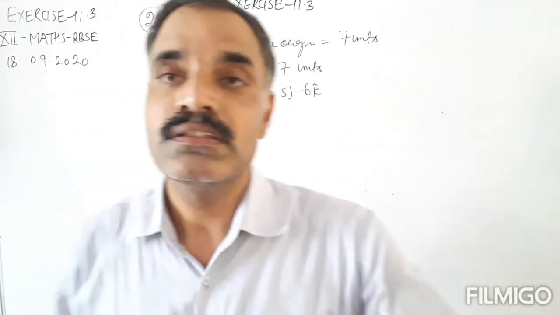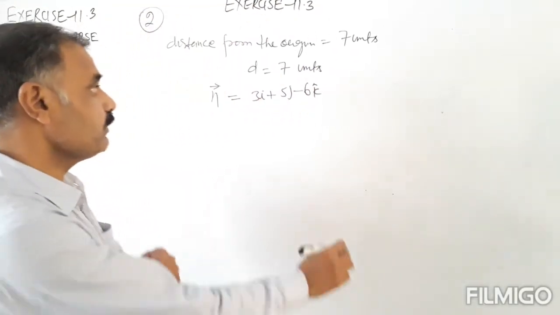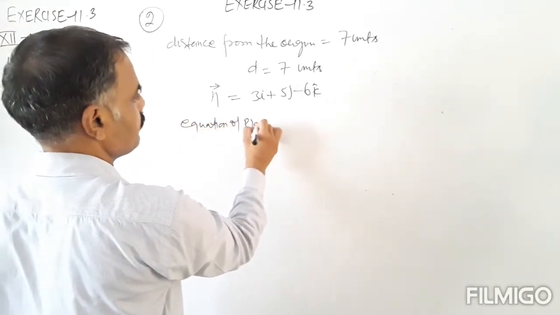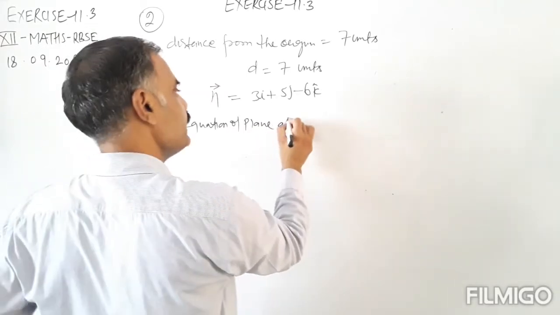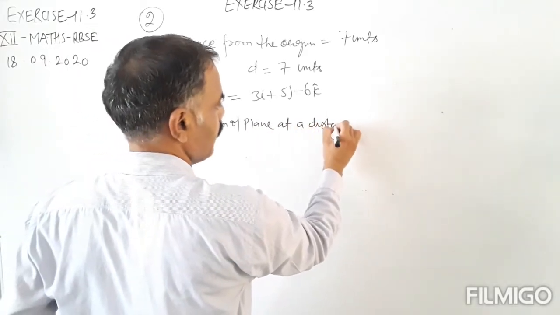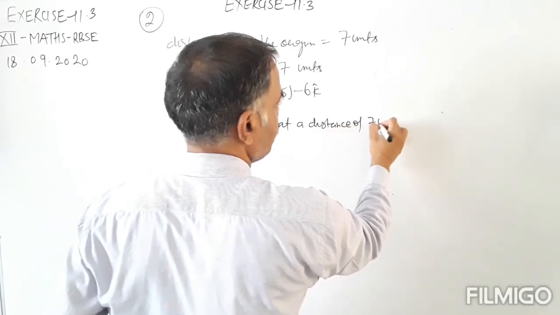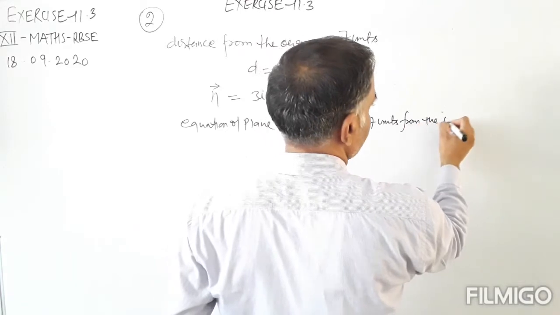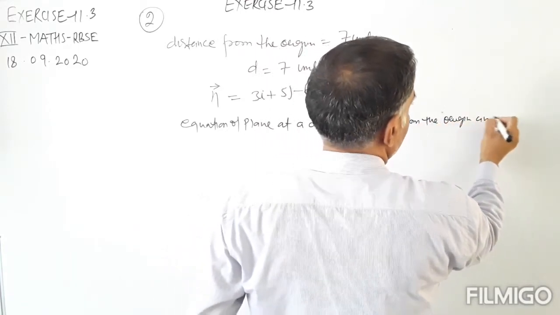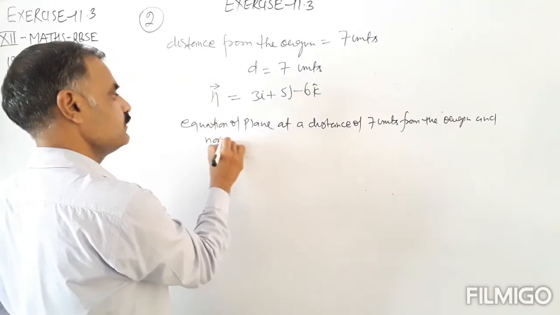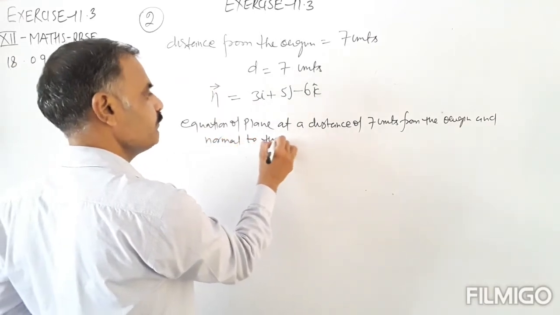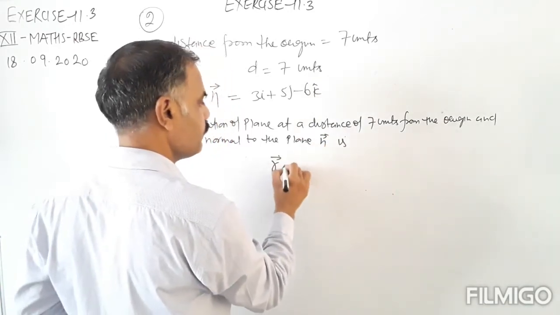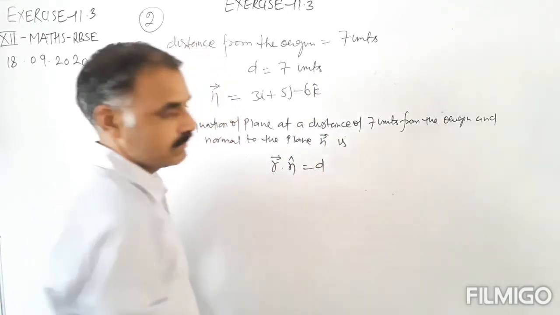Okay, so this is n vector, and the equation of the plane at a distance of 7 units from the origin and normal to the vector n is r vector dot n cap is equals to d.